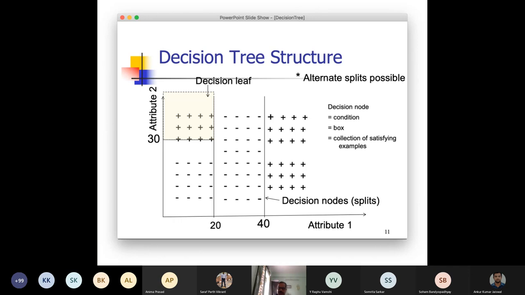So every branching will take you to a partition of the space in this particular problem. And in that space, whatever training examples are there, you are looking at whether they are all labeled uniformly by a single label or whether they have different labels.